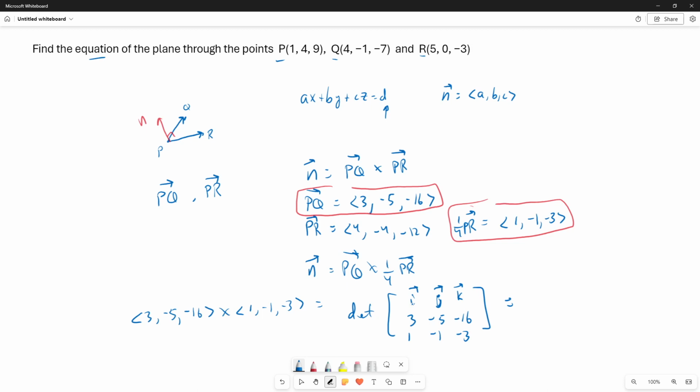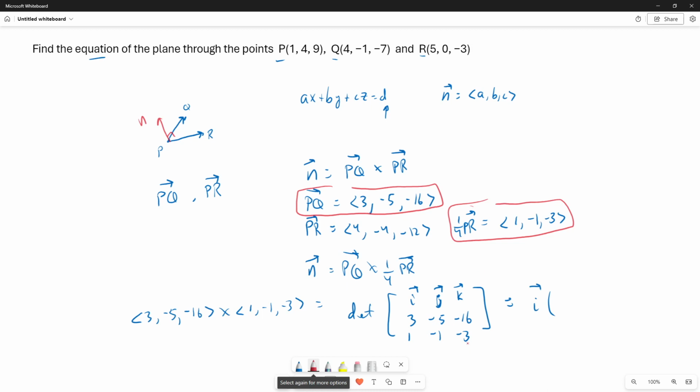And the determinant of this matrix, going across the first row and doing a Laplace expansion about the first row, is I, the vector I, times the determinant of the 2 by 2 matrix that is obtained by removing the row with I and the column with I. So this 2 by 2 matrix down here.